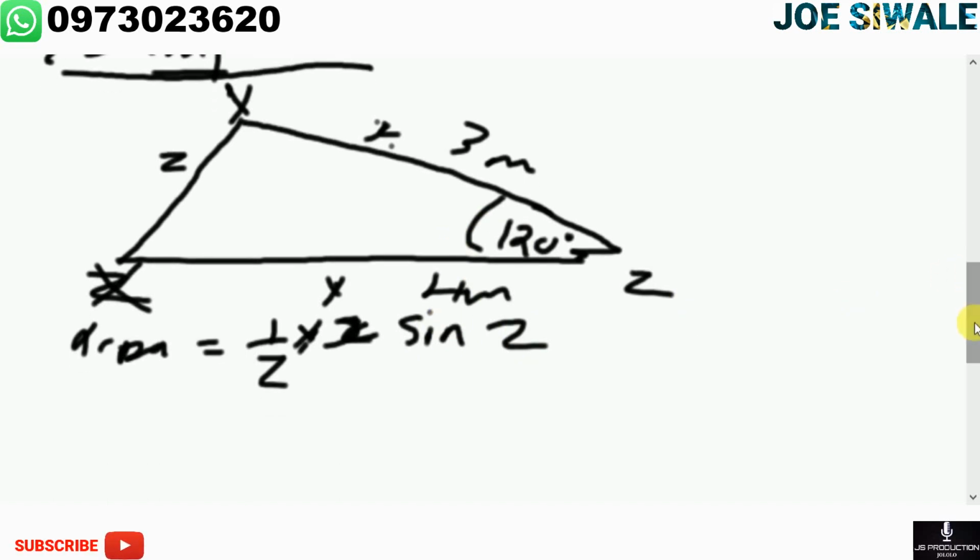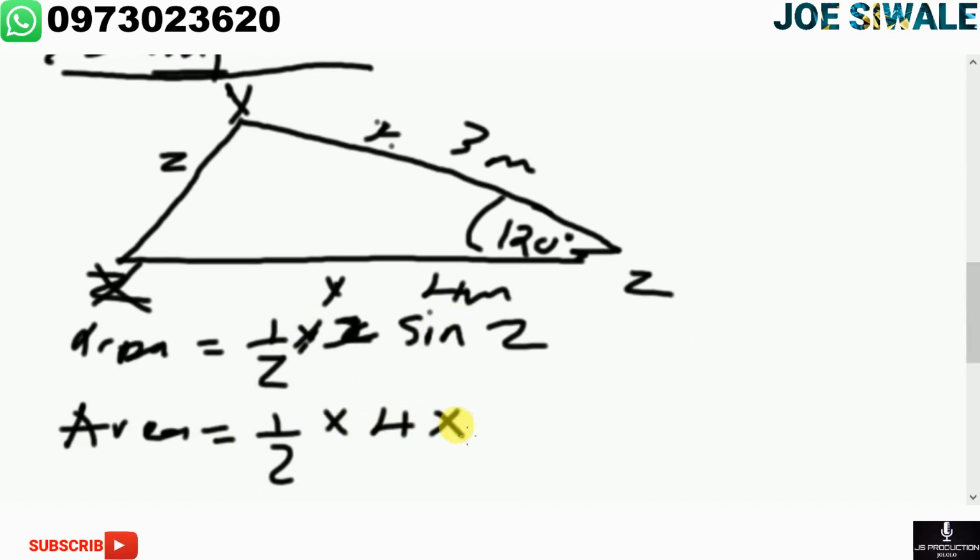So here we know that area is equal to half y. What is y here? We know that's 4, multiplied by x, which is 3, multiplied by sine of the angle at Z, which is 120.